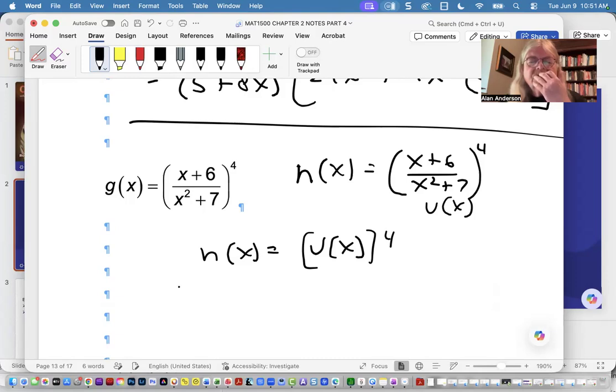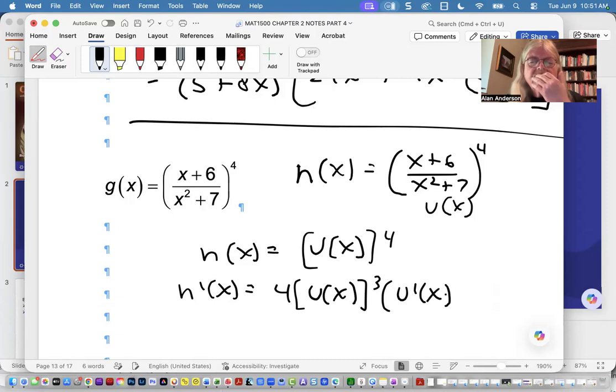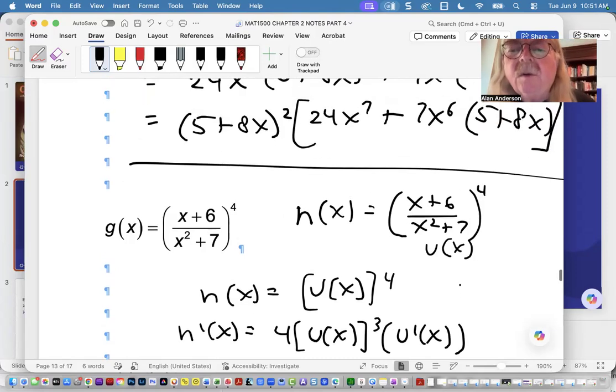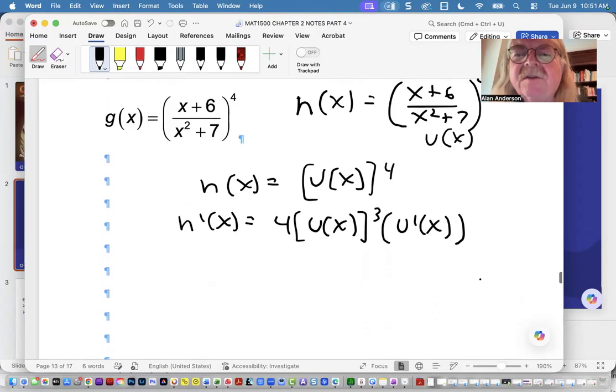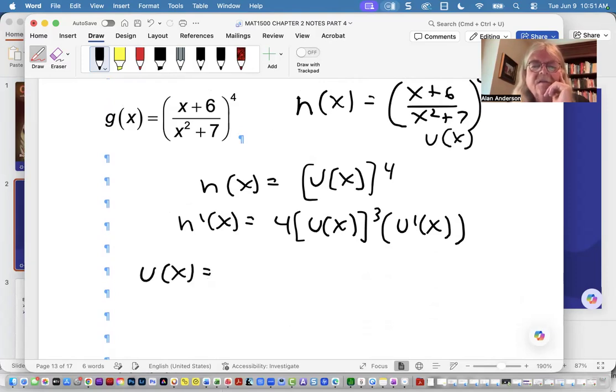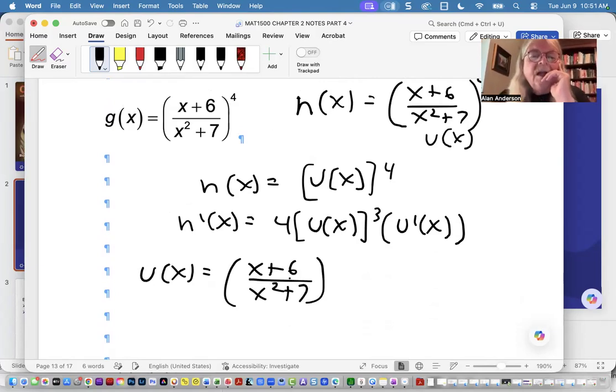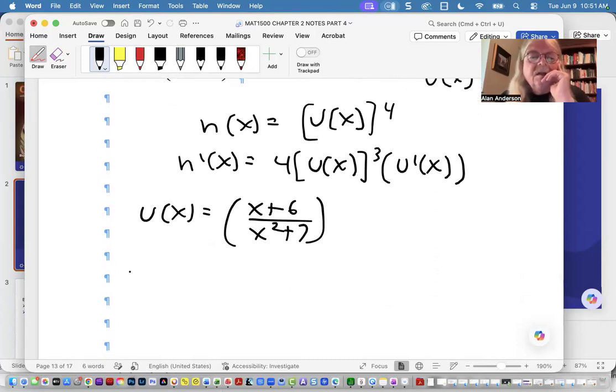So we're going to have, okay, so it's the u prime of x that's going to be the challenging part, but luckily it'll be very straightforward because u of x itself is just this ratio. And so this part we can solve with the quotient rule.